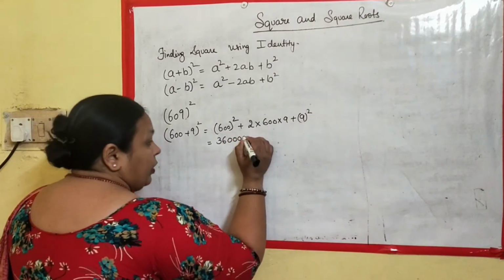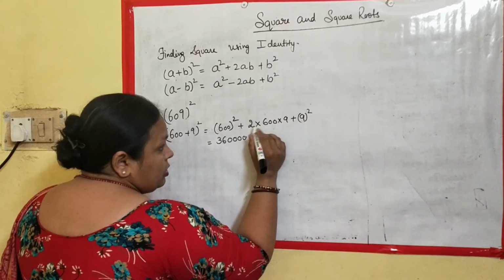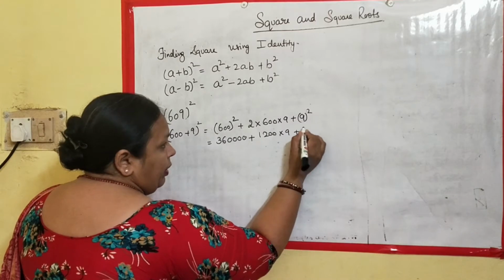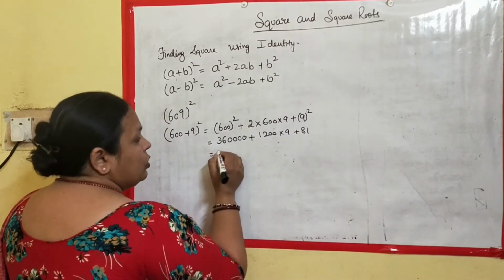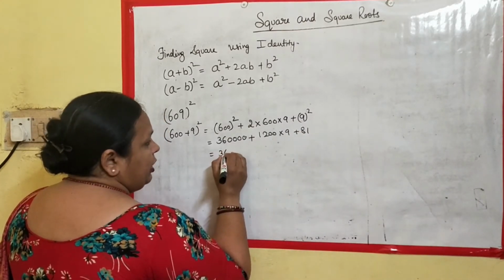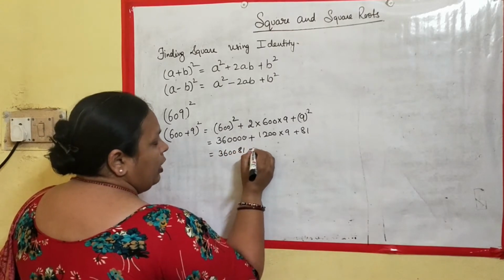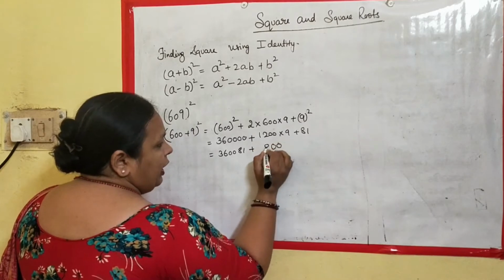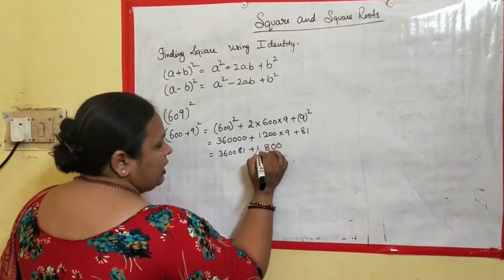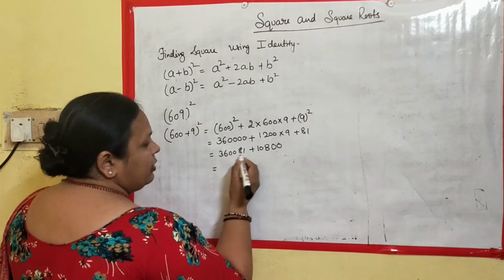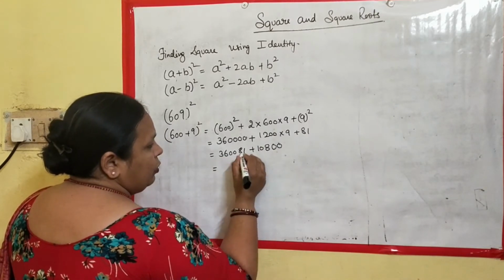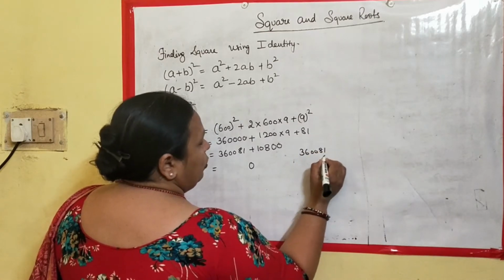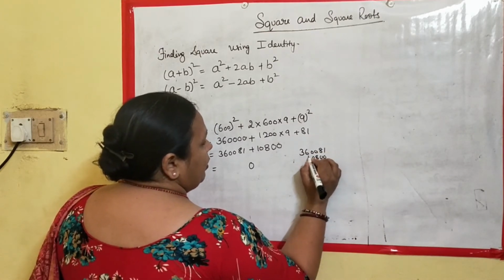So now here this is 1200 into 9 plus 81. So this is nothing but 360081 plus 1200 into 9, which is again 10800. 9 2s are 18, 1 in hand, 9 1s are 9 and 10. Now adding this number, if you cannot add orally, it's better to write the numbers below the number and add it.